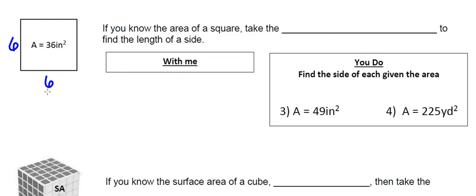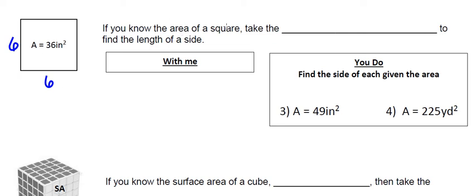There is a relationship that you should know between an exponent of 2 and the number 6. Some of us recognize that 6 squared happens to be 36. Some of us also recognize that the square root of 36 is 6.